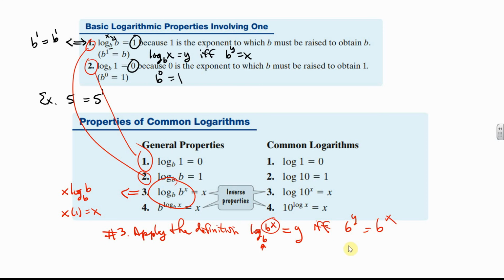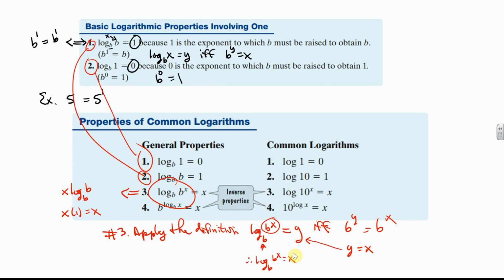So that means that y is equal to x. Here I said that this was equal to y. So I can say now, conclusively, that log base b of b to the x is equal to x. Here's what I'm saying, folks. Most of these properties you can get based on the definition.